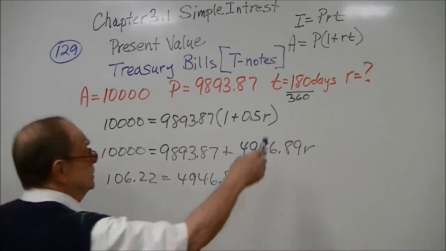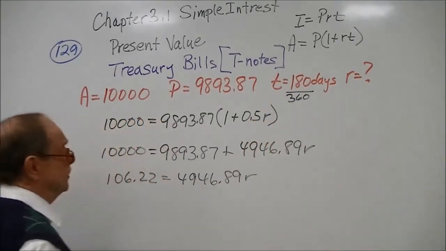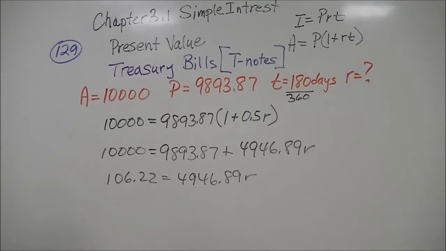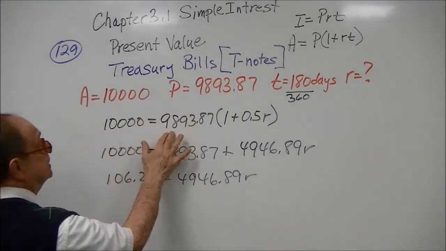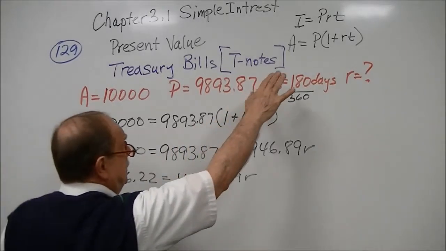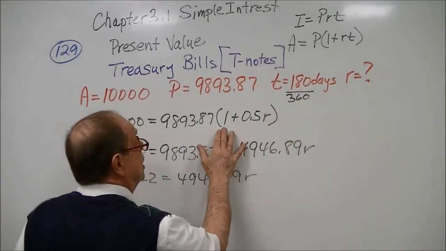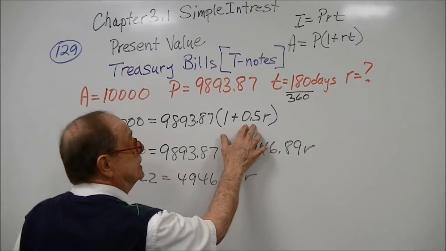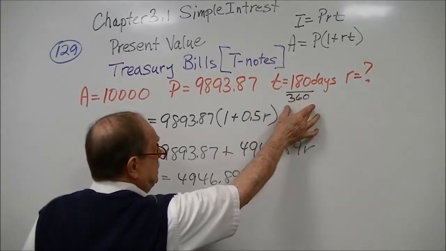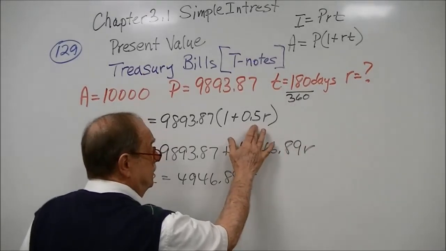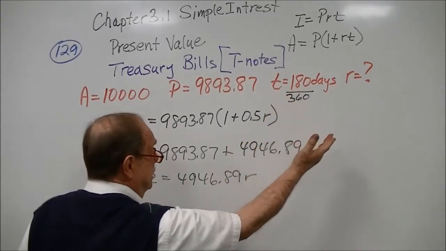So we're still going to use the present amount formula, in which our A is 10,000, our principal is this, and then the rest of the formula is 1 plus, this is the time. 180 days over 360 for a full year is 0.5, or 1/2 of a year.